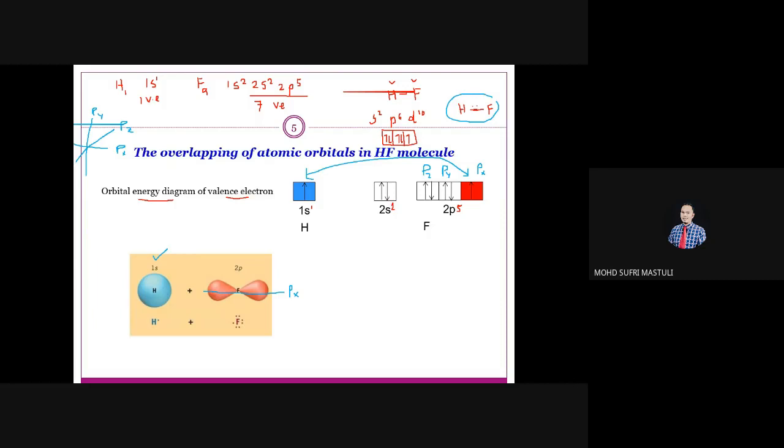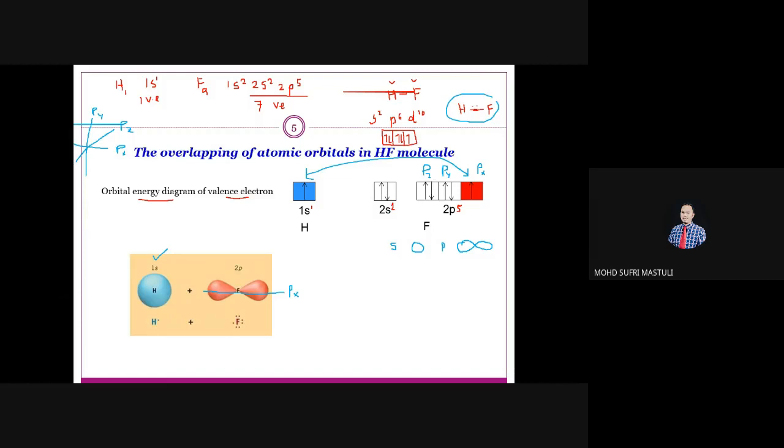If the s orbital is round, the p orbital, regardless of px, py, or pz, is like this. It's like a 10-pin bowling pin, like a chromosome in biology. This is the shape of the p orbital, with the px position, the py position going up, and the pz position a bit slanted.